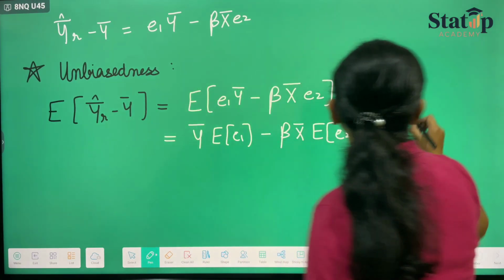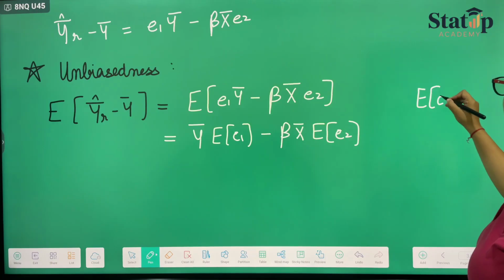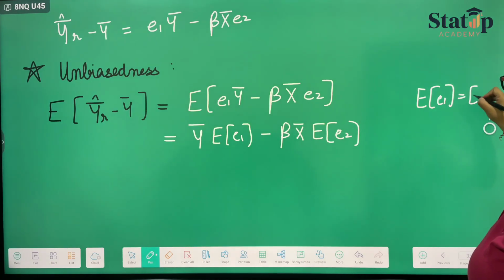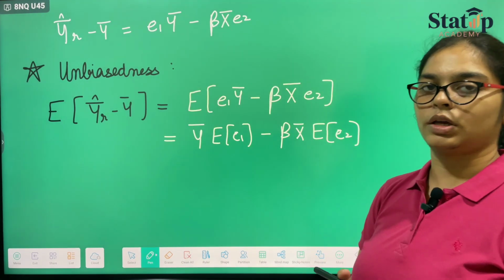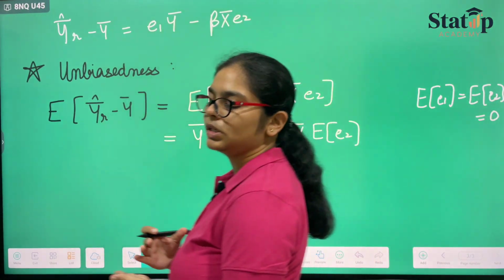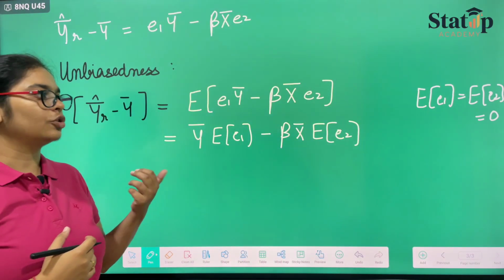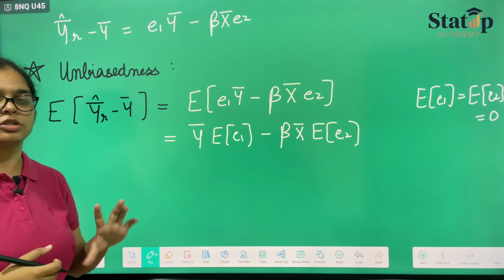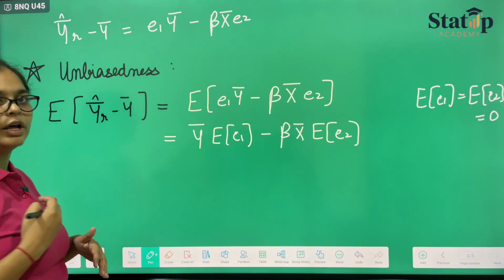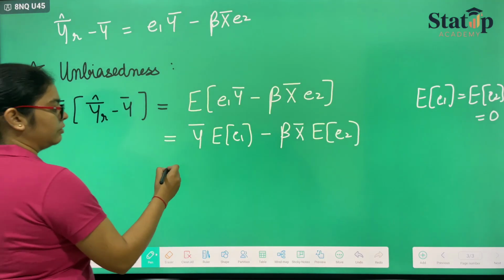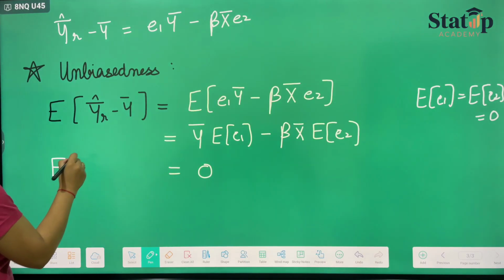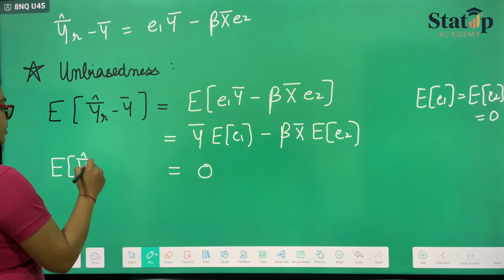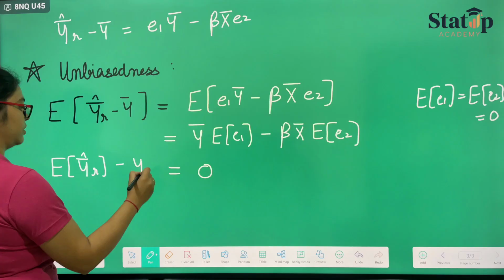Now we know that expectation of e1 and expectation of e2 are equal to 0. This we have done in the previous lecture. So if you're watching the lecture series, you should be clear with the concept, and if you're not, then watch the previous video. I would suggest that we have done it in detail there. So it will be 0 only, and this will become expectation of regression estimator minus y bar.